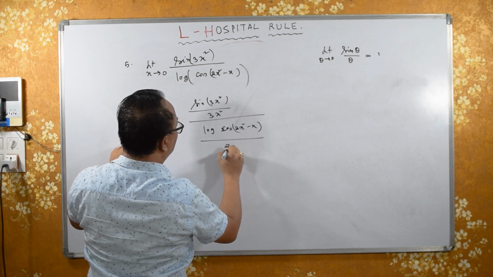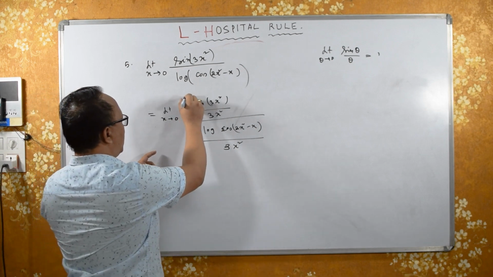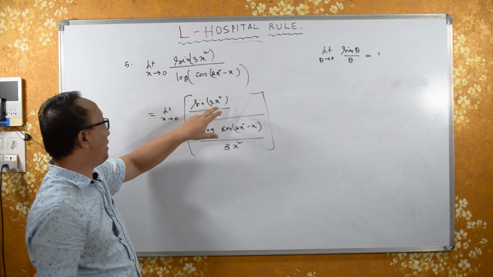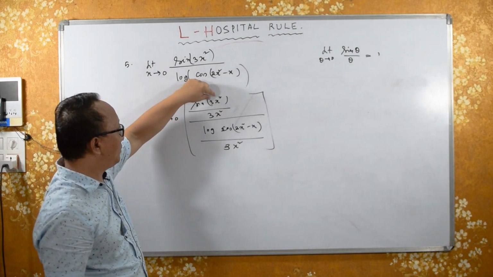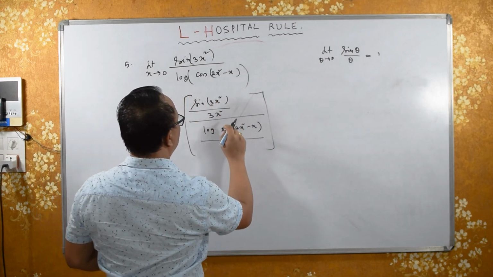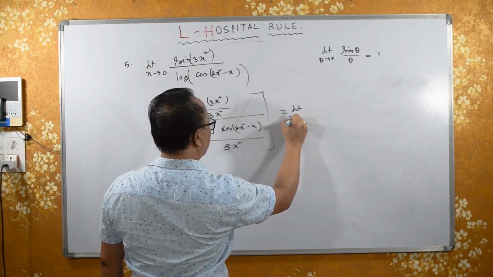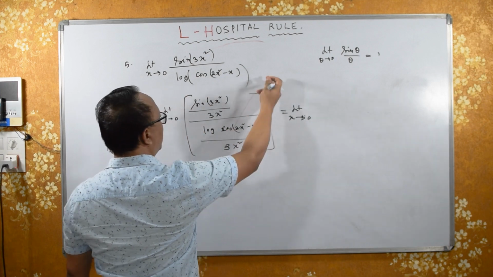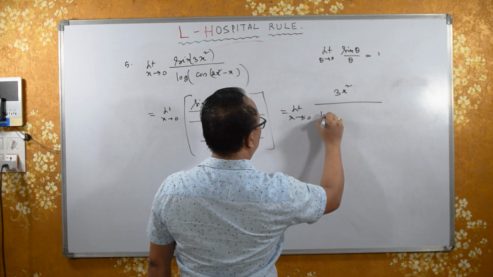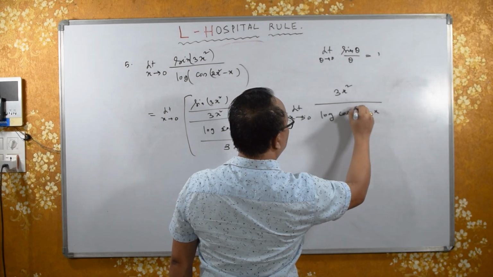Now this is the limit. When x tends to 0, this becomes 1, by applying this formula. Now let's consider this term. The rest becomes 1, and limit of x tends to 0 of 3x square upon log of cos of 2x square minus x.